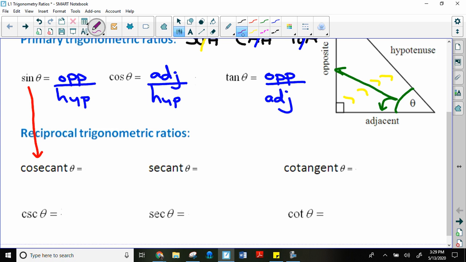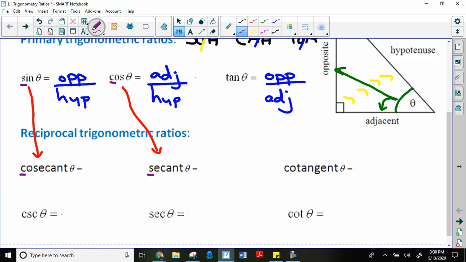Sine is the original, S is the original, its partner is C. This is where students get confused. Cos's reciprocal name is secant. Cos starts with a C, secant starts with an S. And students want to go like sine is secant and cos is cosecant.